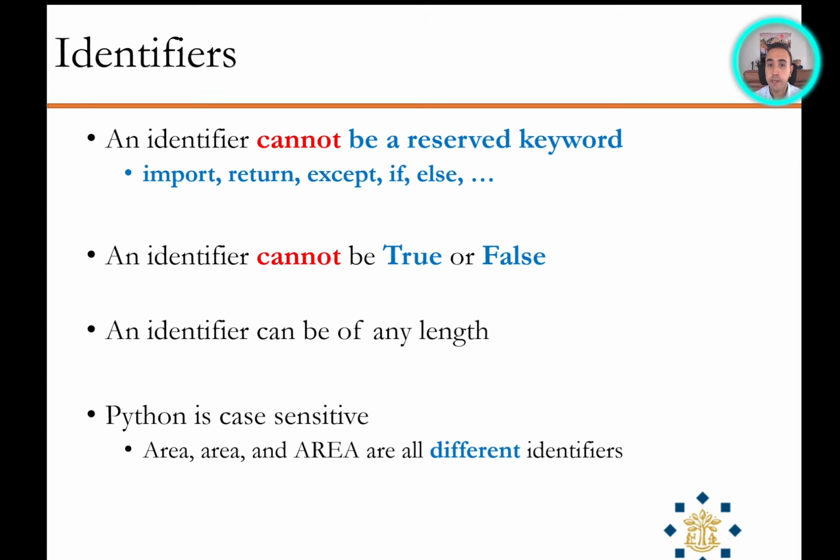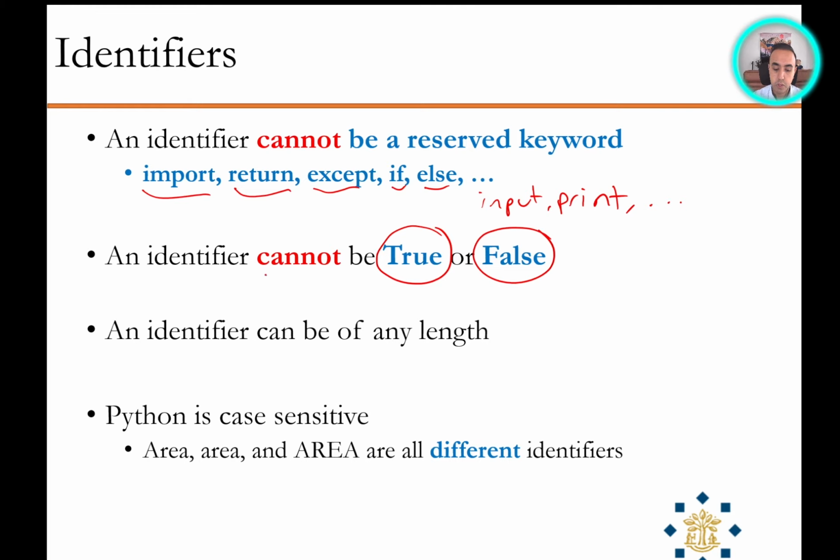An identifier cannot be a reserved keyword. For instance, import, return, except, if, else, input, print, and so on. They are reserved keywords, so you cannot name your identifier with them. They cannot be true or false. So these are the no-go rules.